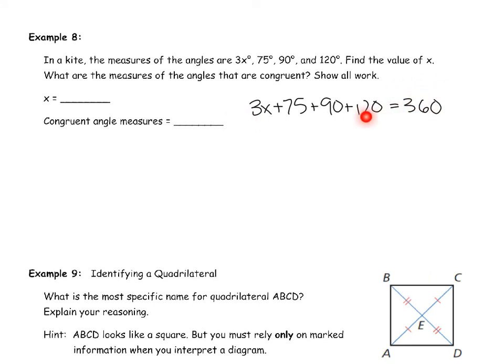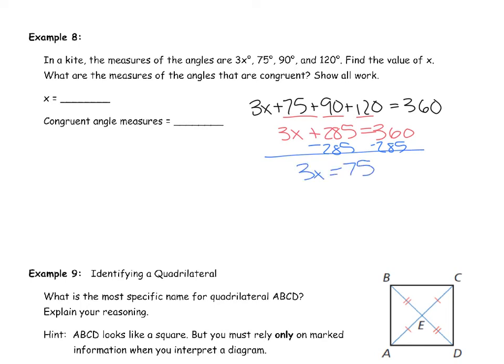of 360. So I'm going to take these four angles and add them up, and we would get 3x plus 285 when I combine those like terms, equal to 360. I'm going to subtract that 285 from both sides, and we get that 3x equals 75.